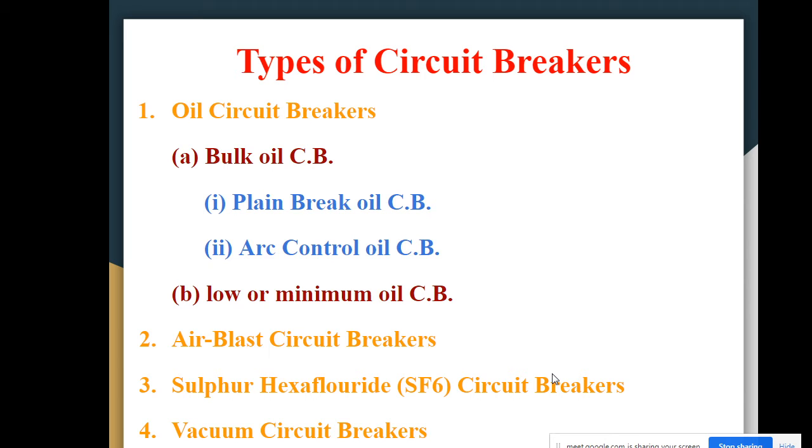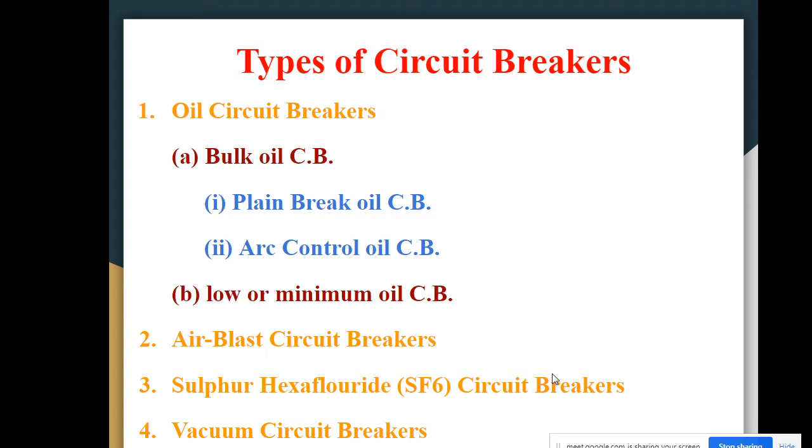So here in the oil circuit breaker, again we have two types. One is the bulk oil circuit breaker, second one is the low or minimum oil circuit breaker. So these are the two types under the oil circuit breaker. Again there are categories in the bulk oil circuit breaker: plain break oil circuit breaker and arc control oil circuit breaker.